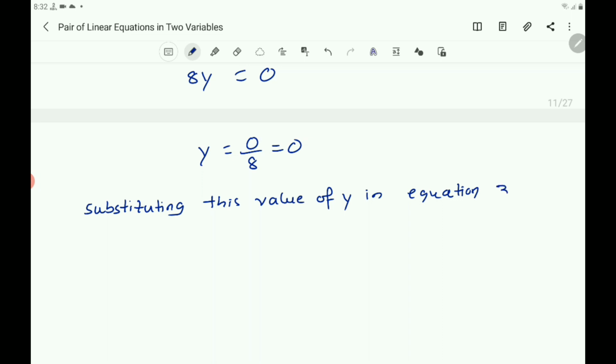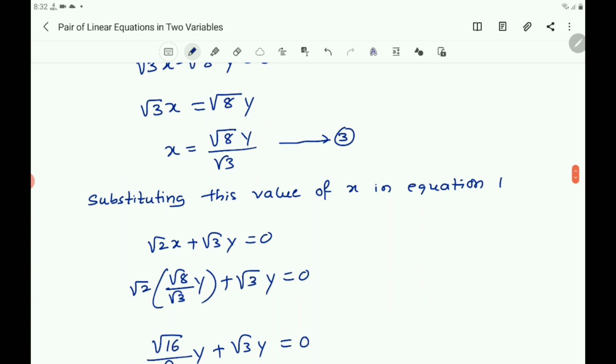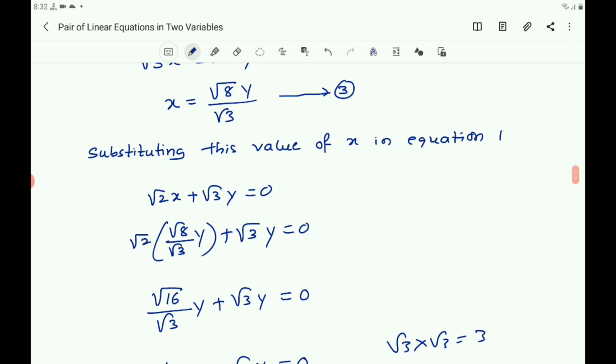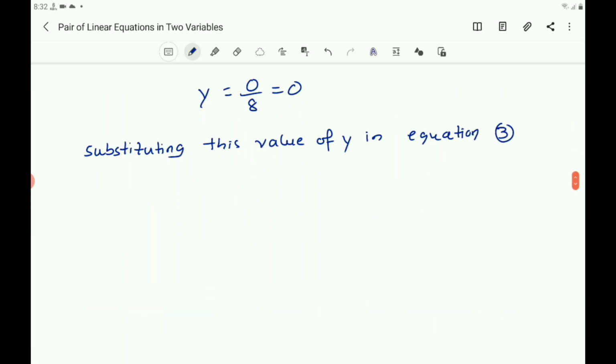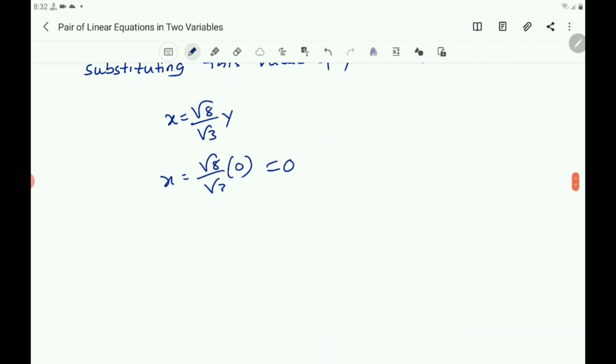In equation 3, what is that equation? Equation 3 is x equals root 8 by root 3 y. X equals root 8 by root 3, y is 0. So you will get 0 only. So you got that x equals 0 and y equals 0 is the solution.